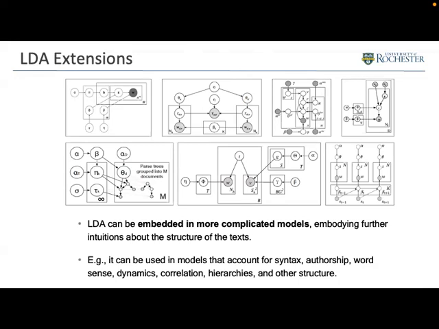So after we get the LDA information, we can do a kind of parsing for the current document to visualize what the structure of the document is. So this is one extension of the LDA. It can be used in models that account for the syntax, the authorship, the word sense, the dynamics, the correlation, the hierarchies, and also other structures.